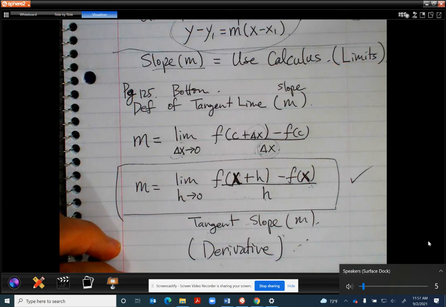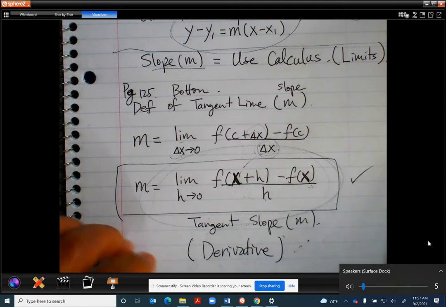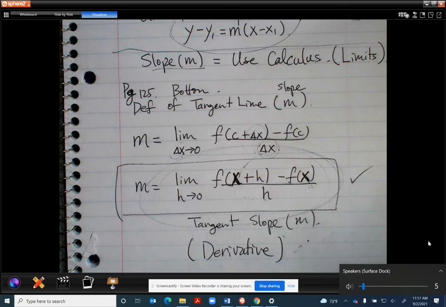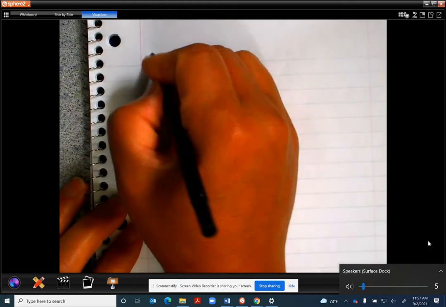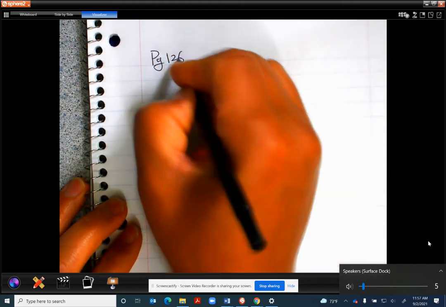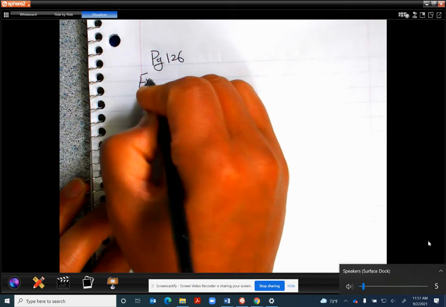Alright, so we're going to do an example with this formula right here. I want you to try to remember this formula. Do you see it? Alright, so everyone turn to page 126 and find example 2. This is page 126, example 2 from your book.